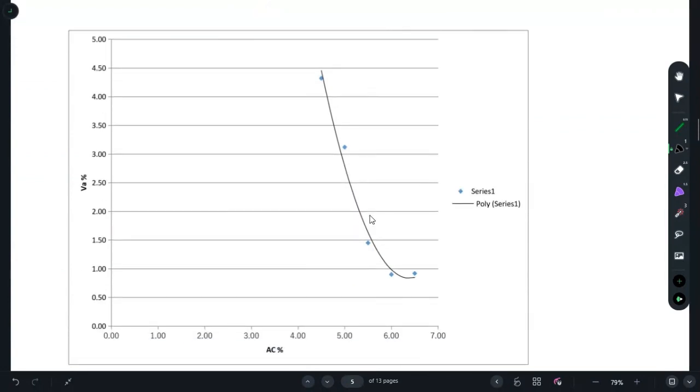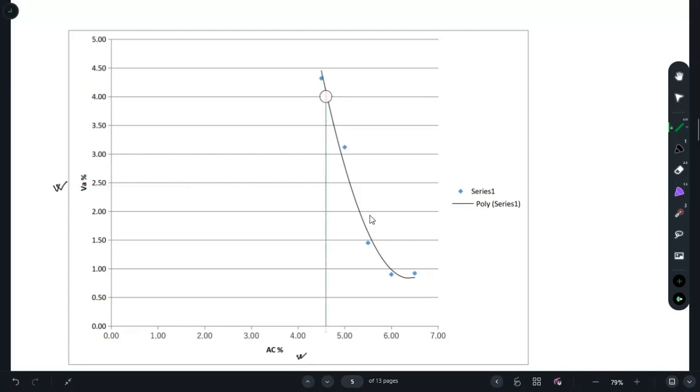So this curve has been drawn for percentage of air voids of total mixture volume, and you have asphalt content over there. First of all, we'll find out the asphalt content for 4% air void, and we will claim that it is the optimum asphalt content.